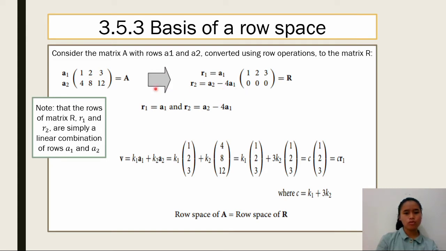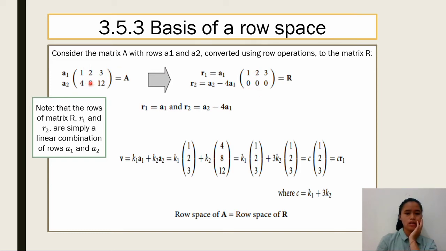So row 1 is A1, and R2 is A2 minus 4 times A1. So 4 times 1, minus 4, gives 0, right?